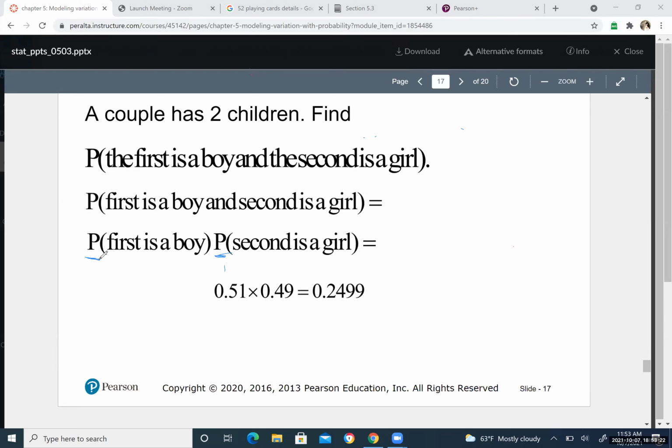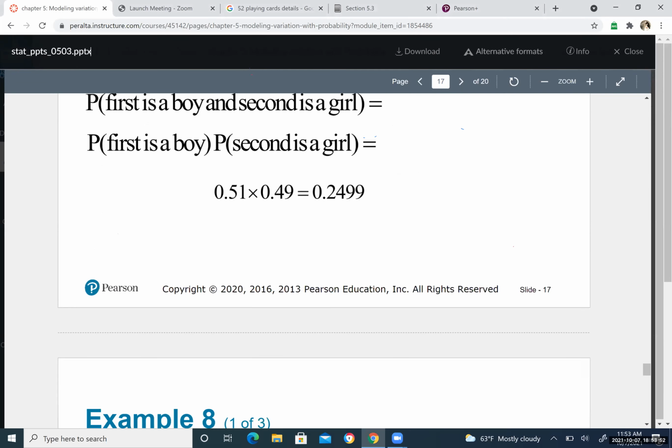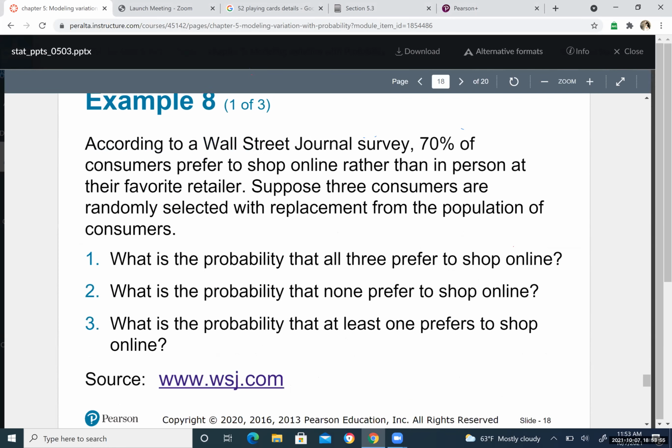Some of you, when you're writing this, might forget the capital P. That means nothing. So you must write capital P to represent the probability of the event. Regarding that value, you round this up to 0.25, or 25%. Good job.